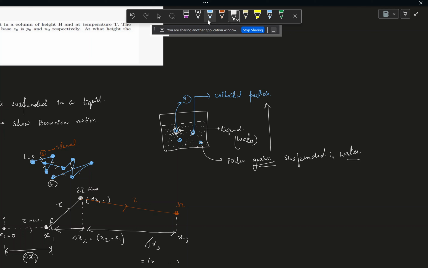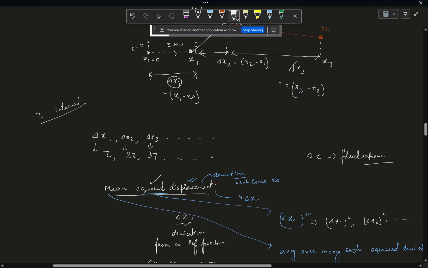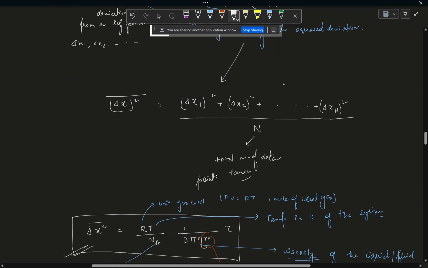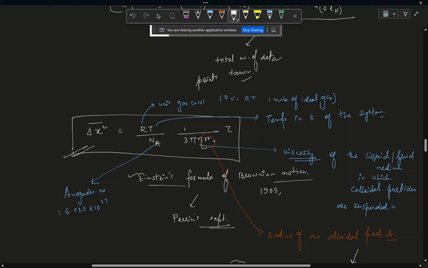Also, if the particle size is too big, then you cannot see that motion even under a microscope, because there is a direct connection with radius, right? You saw that the mean square displacement, delta x square average, has an inversely proportional relation with radius. So the larger the radius of the particle, the more the mean square displacement decreases.